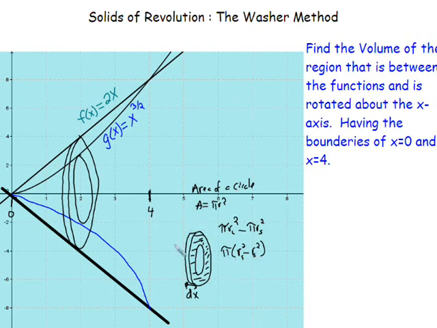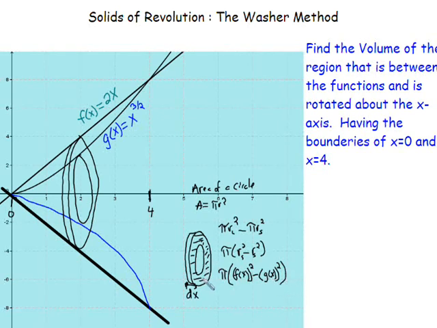The larger circle is created by the function f of x. So we can write this as pi times f of x squared minus g of x squared, okay? And that's going to give us the area of what we've shaded there.